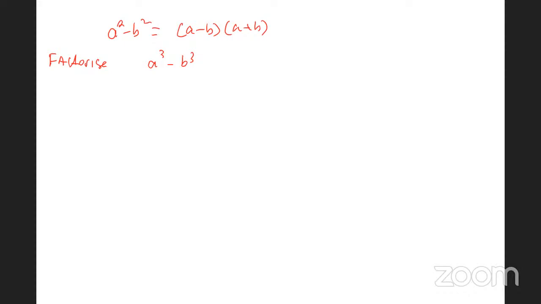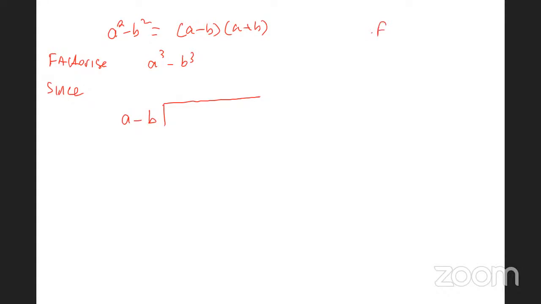Right. So what would be a factor of a cube minus b cube? What is guaranteed to be a factor? A minus b. How could we check it and make sure? No, before long division. How can you check and see if a minus b is actually a factor?